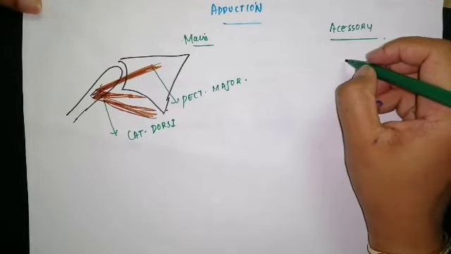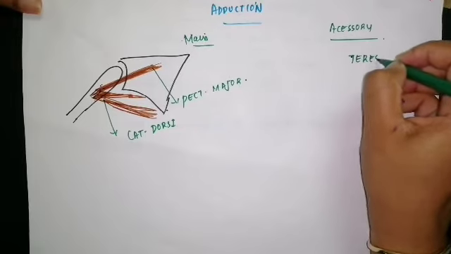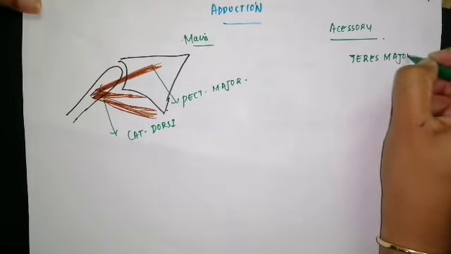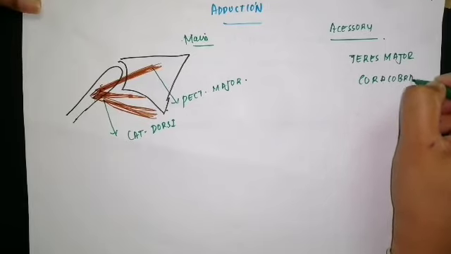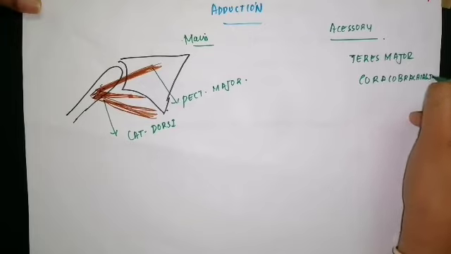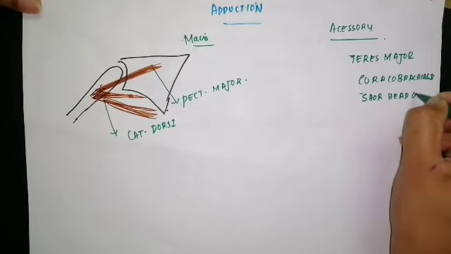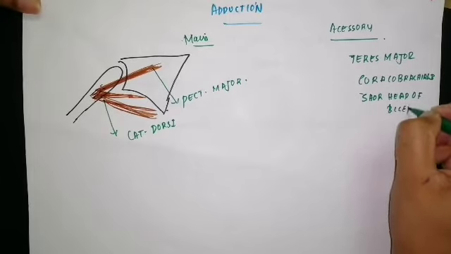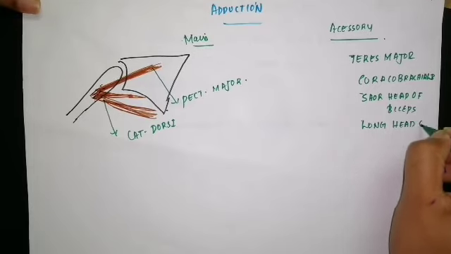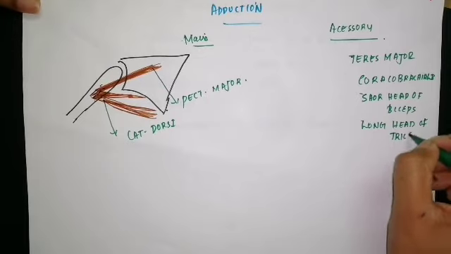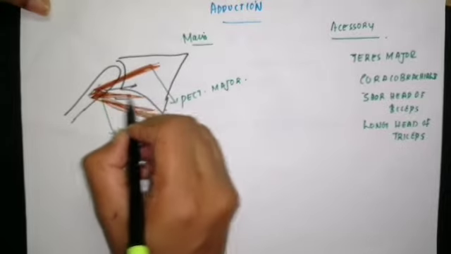That is teres major, the coracoid muscle, short head of biceps, and long head of triceps. These muscles will adduct.